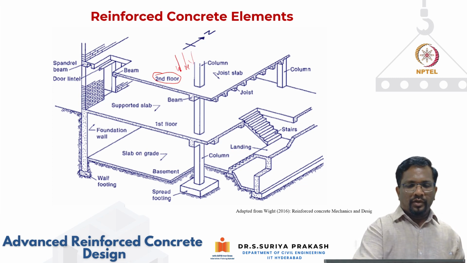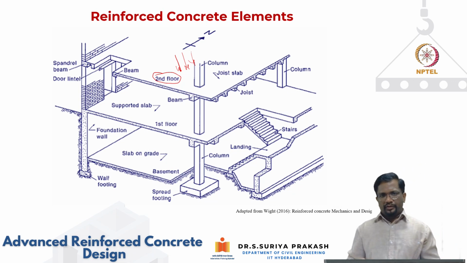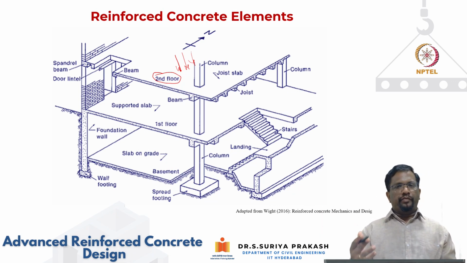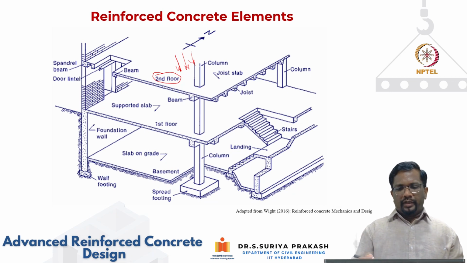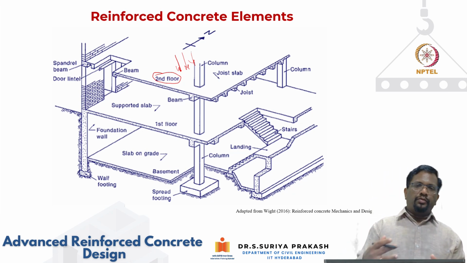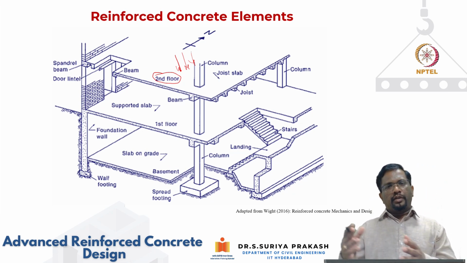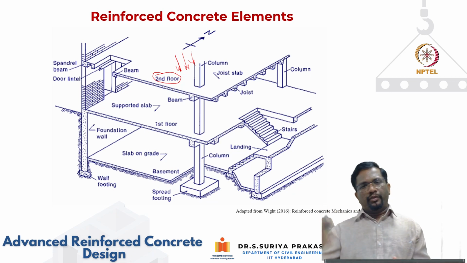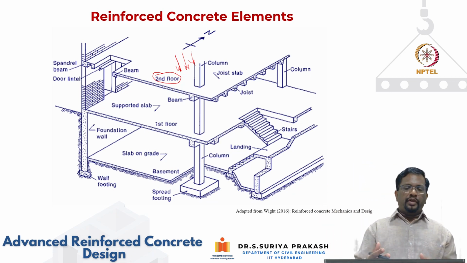I am talking about gravity loads, but lateral loads we'll talk about again. Lateral load can be from wind or from earthquake, and then you need a lateral force resisting system. If it is a simple building, a moment resisting frame can act as a gravity load resisting system as well as a lateral load resisting system. But if you're going taller and taller, you need other specific systems.